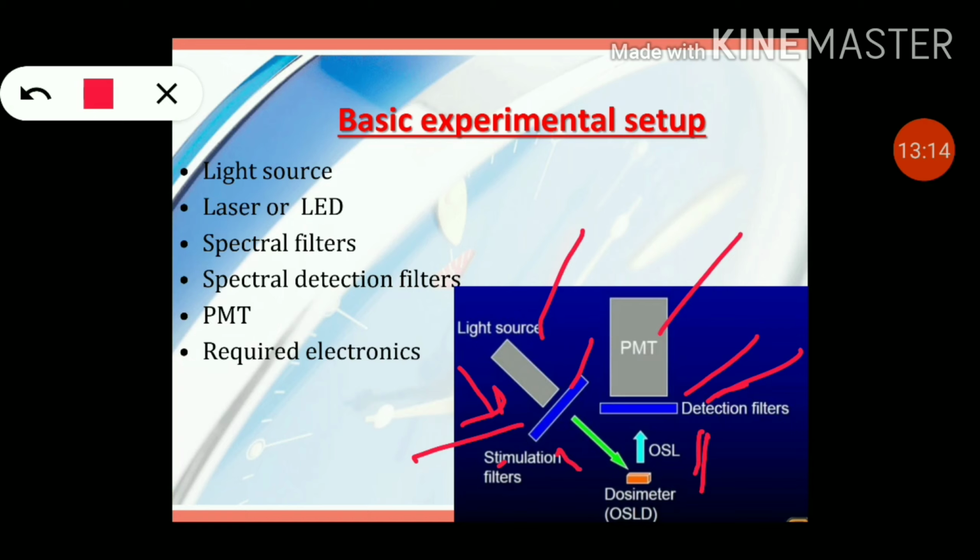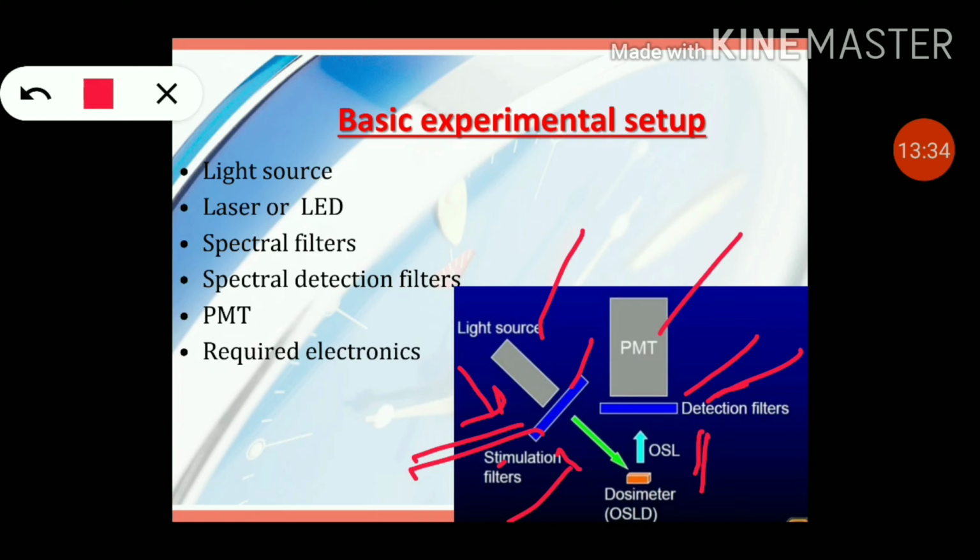When you are using broadband LED sources like green at 525 nanometer, or blue at 470 nanometer, then long pass filters above 450 nanometer can be placed in front of the LED.